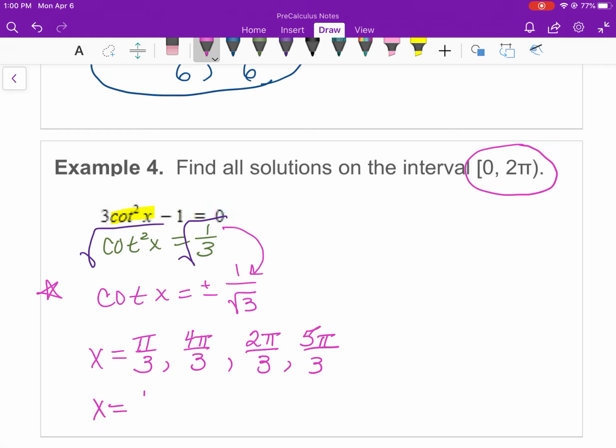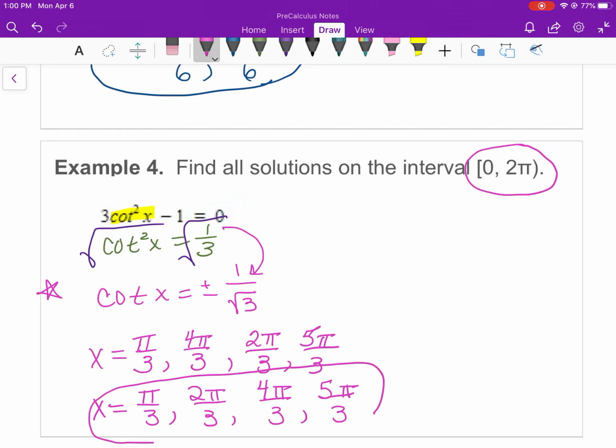Now, what's typically quoted as your answers here would be your answers in numerical order. But that's not crucial. Now, if you had trouble figuring out cotangent, remember cotangent is tangent's opposite.